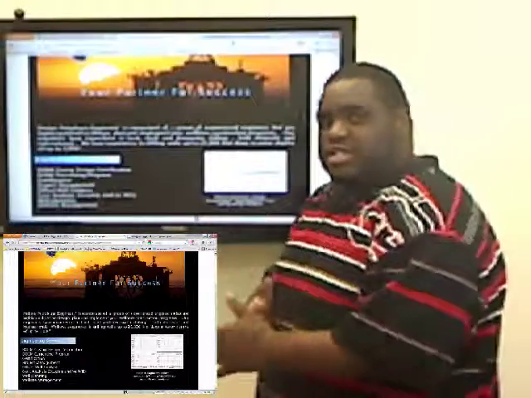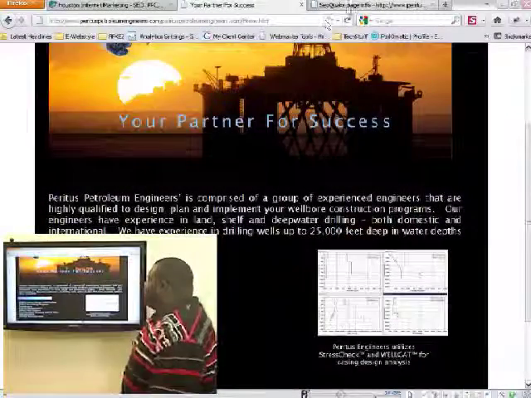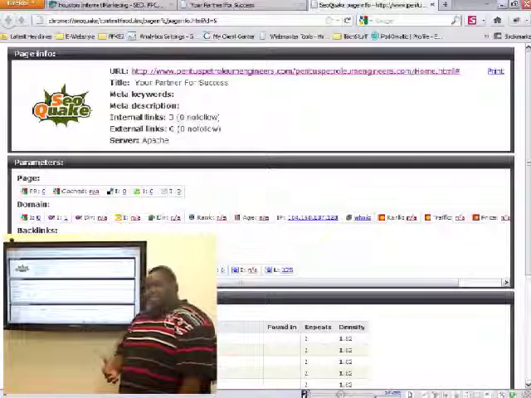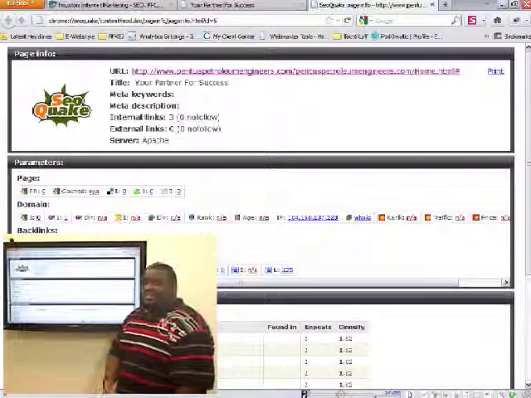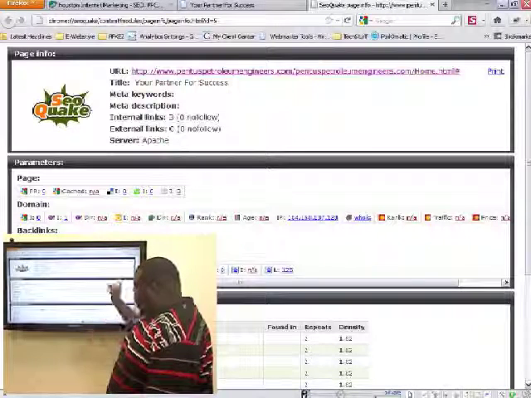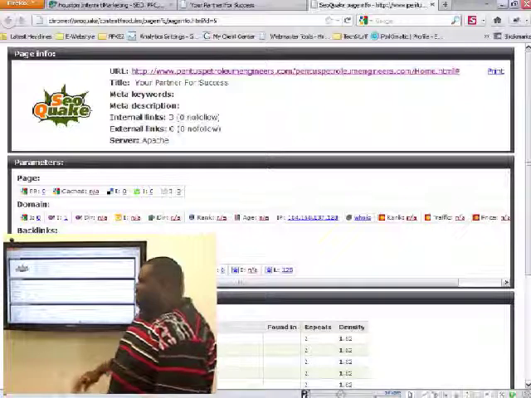So we're talking search engines. We use a tool here called SEO Quake. SEO Quake gives us some back-end information and pretty much tells us what the search engines see when they look at your site. One thing they see is your domain name, and that's an issue.